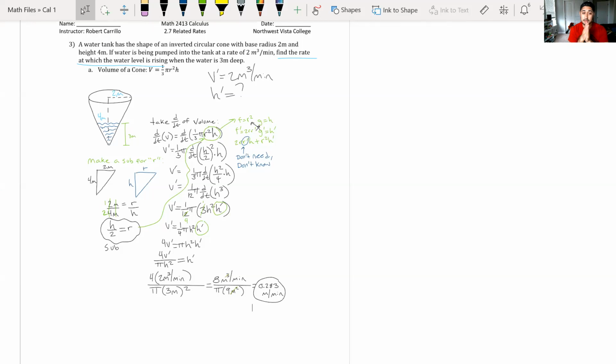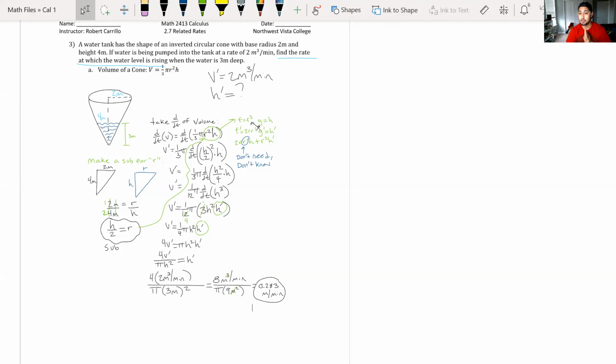And the way to do that was to make a substitution for r. And the way we did that was by the use of similar triangles, or we could call it a geometric substitution. We know that when I drew the diagram, you could see there was a right triangle inside my cone, and the water at 3 meters also created another right triangle inside the cone.